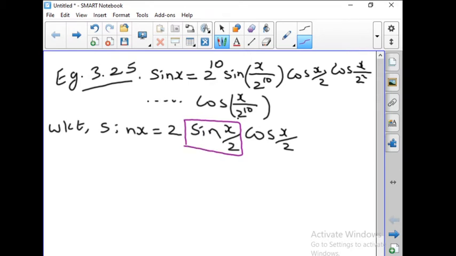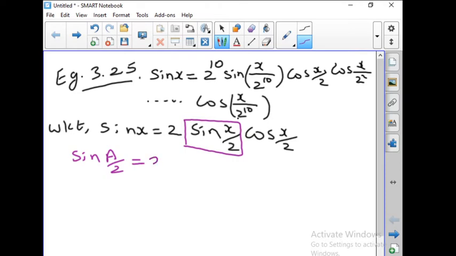We know sin x is equal to 2 sin (x by 2) cos (x by 2). Therefore, what is sin (a by 2)?